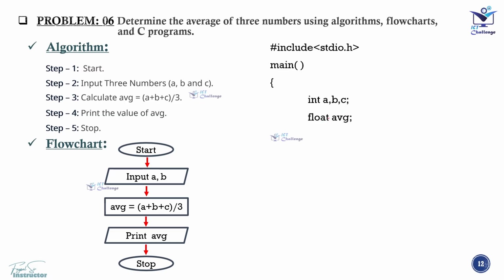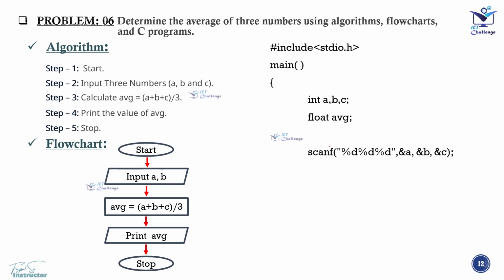This is another type of programming. Here we want to give 3 integers as input, and the average could be a fractional value, right? So that's why we use another variable named avg, in float format.